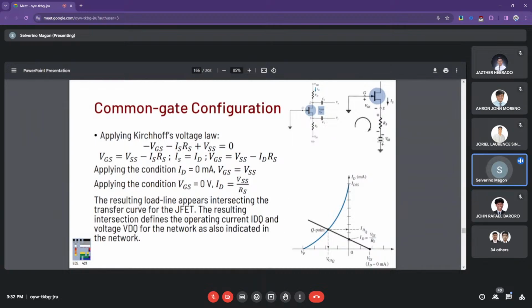In this case, we're going to do another load line analysis. So for the scenario of zero drain current, we have VGS equal to VSS.